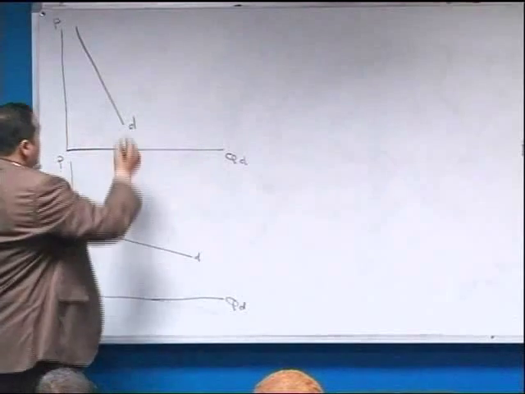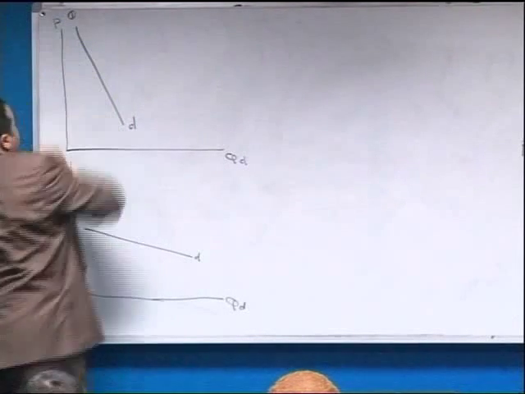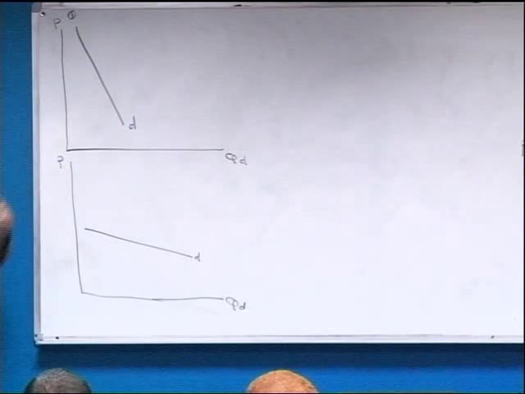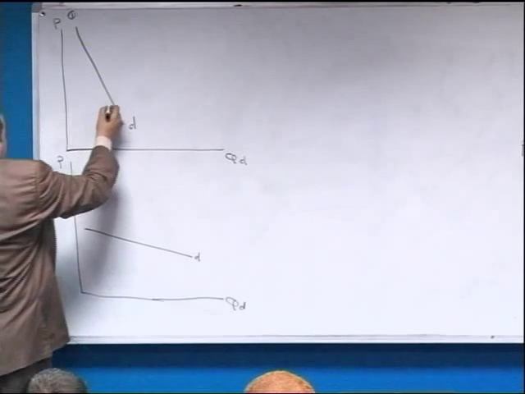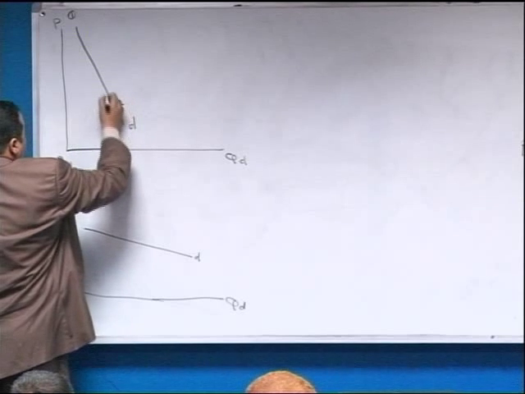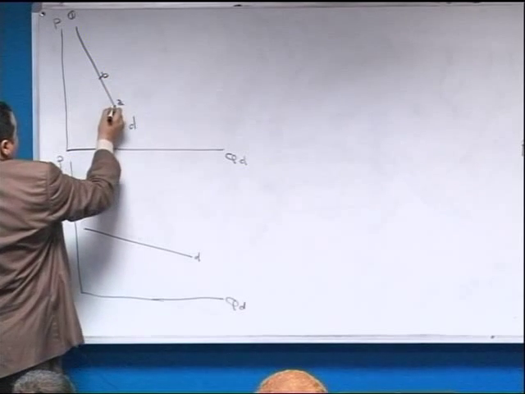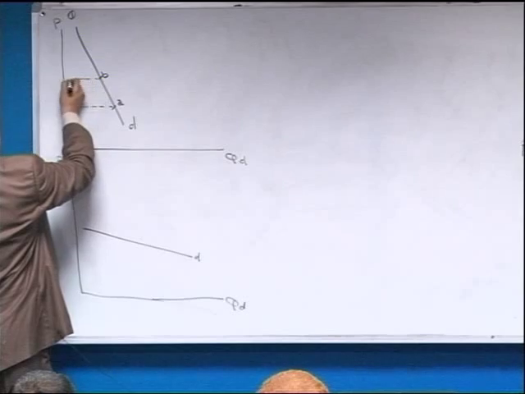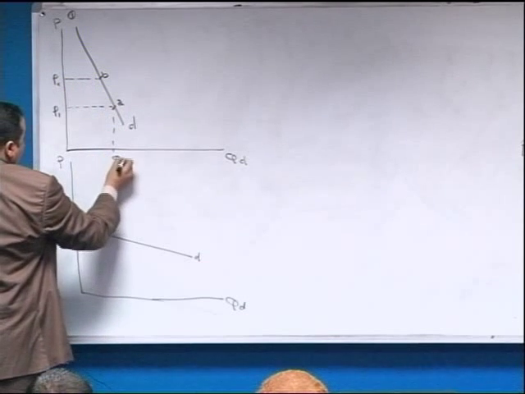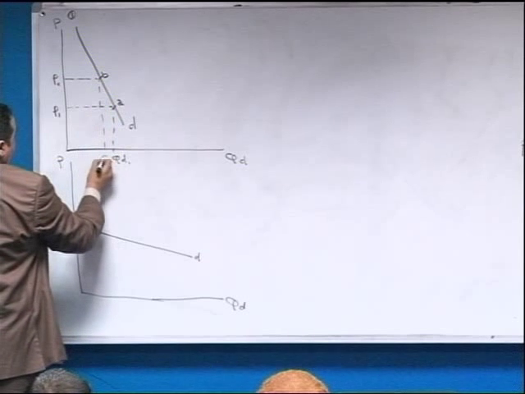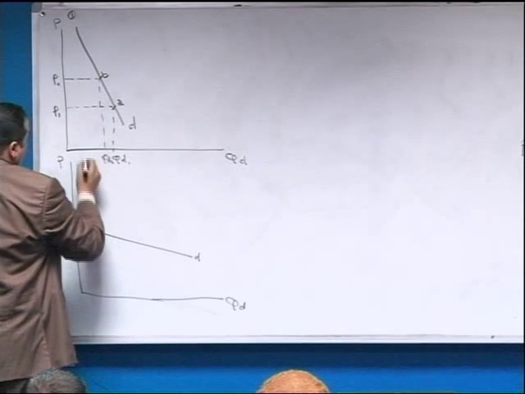As you see in the first diagram, the demand curve is close to a vertical line. So suppose this is point A, point B, P1, P2, QD1, QD2.